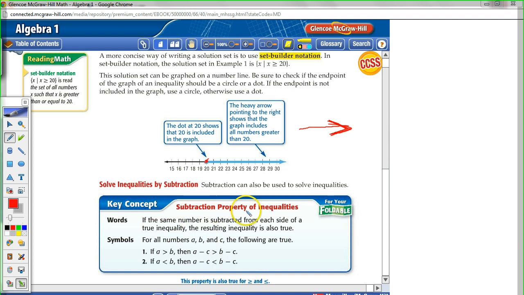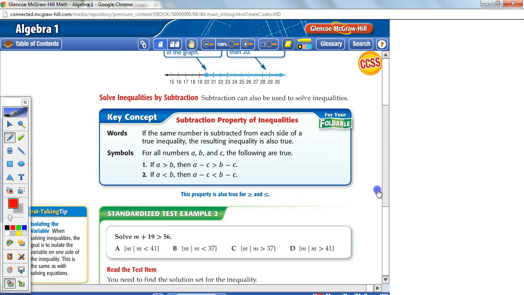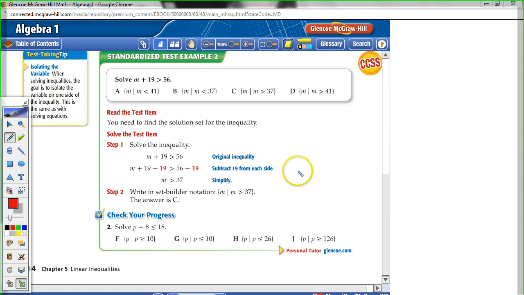Same concept for the subtraction property of inequalities. If you subtract the same number on each side, it's going to be the same inequality, just as we did subtraction for solving equations. Here you have m plus 19 is greater than 56.